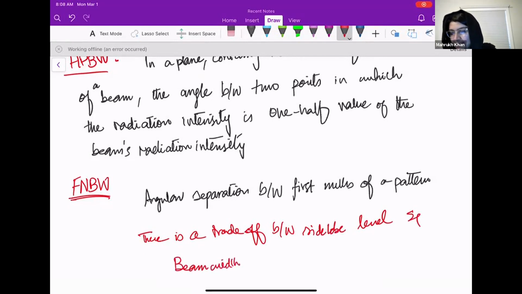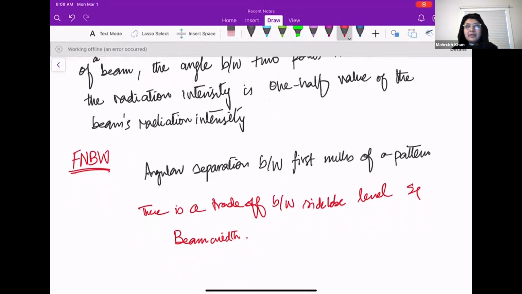We know that side lobe levels are unwanted energies in other directions, right? Because we are talking about the main lobe. So we want side lobe levels to be very low because we do not want unwanted energy to come out of an antenna, right?